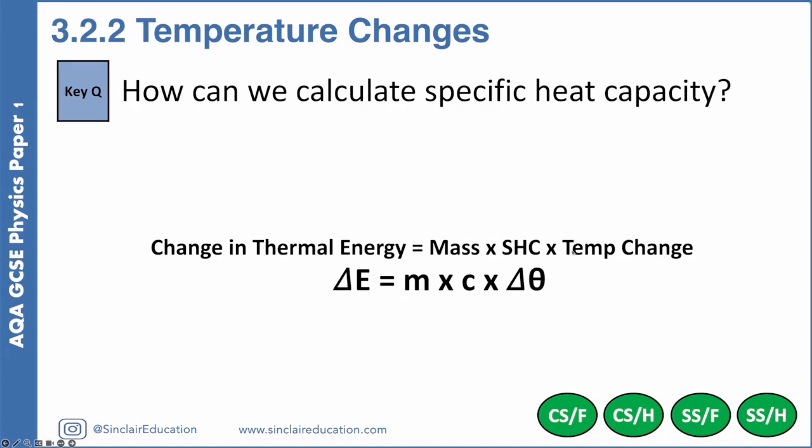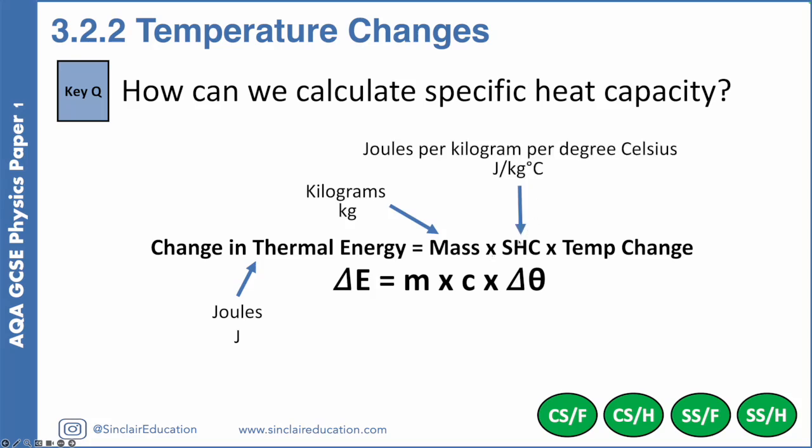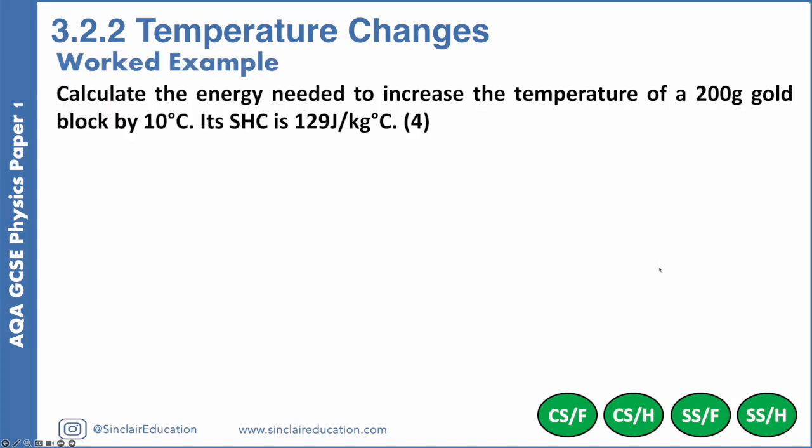Be careful with your calculations because this can sometimes be 5 marks. You might have to find temperature change, which might have a smaller calculation as part of it. Our energy is in joules, mass will be in kilograms, specific heat capacity they will always give you the value for, but that'll be joules per kilogram degree C, and temperature change will be in degrees Celsius.